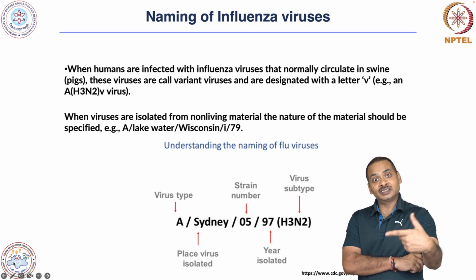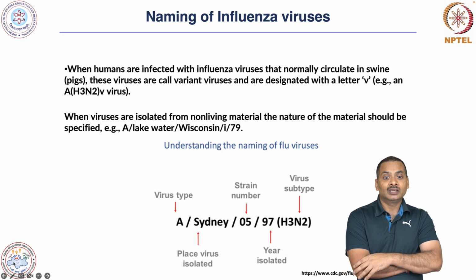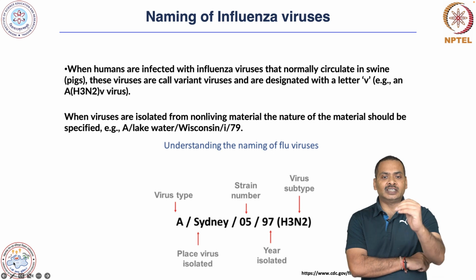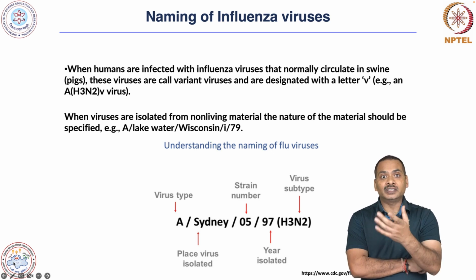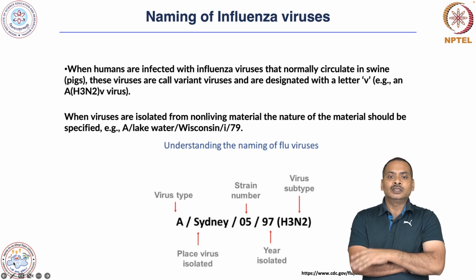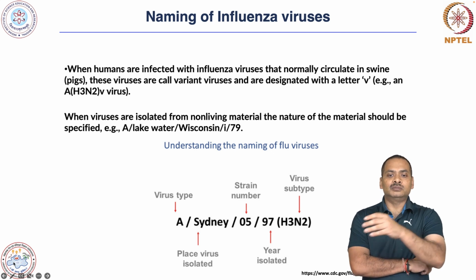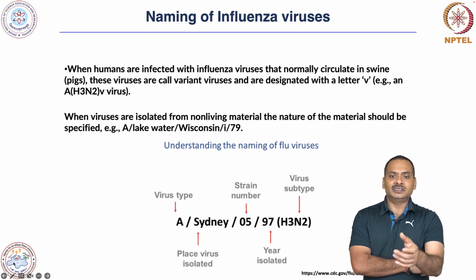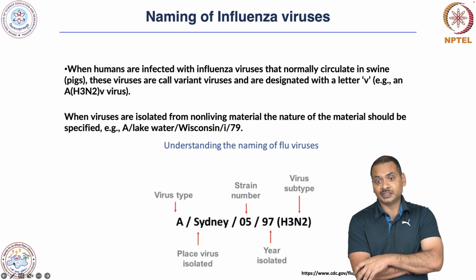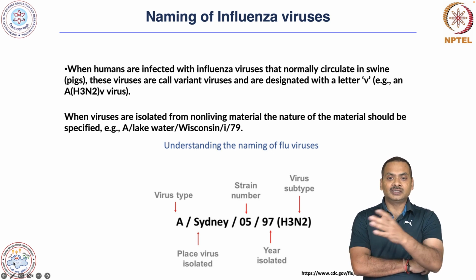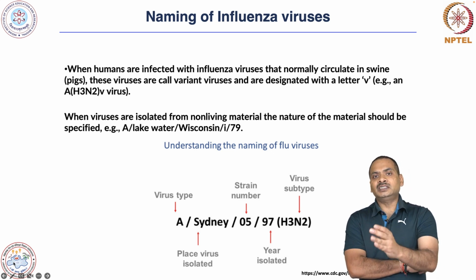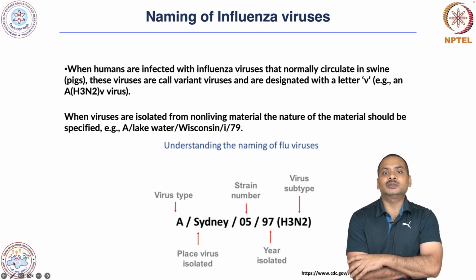It means this can infect humans. It is isolated from Sydney, that is why Sydney, the place of virus isolation, is written. 05 is the strain number, 97 is the year of isolation, and H3N2 is the virus subtype.